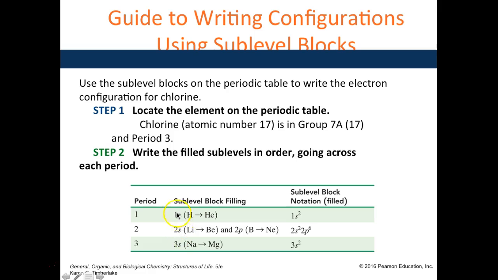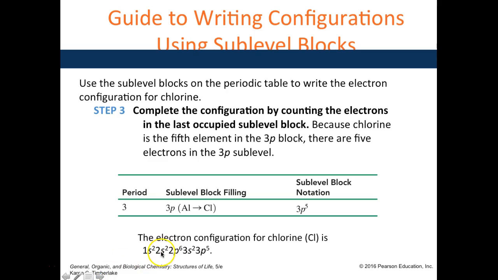That would be a total of 10 electrons. So you have 7 left. So 3s2, and then the 5 electrons go into 3p5. So 1s2, 2s2, 2p6, 3s2, and then 3p5.